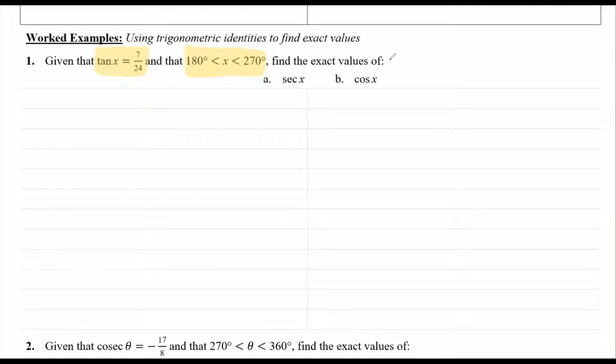Okay, so before we address the question head on with this reflex angle x, let's look at the acute version. So first of all, let x be an acute angle. Okay, and that way we can use a right angle triangle. So I'm going to draw a right angle triangle now.